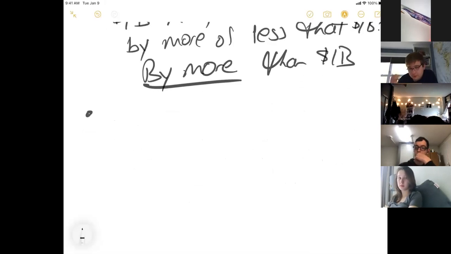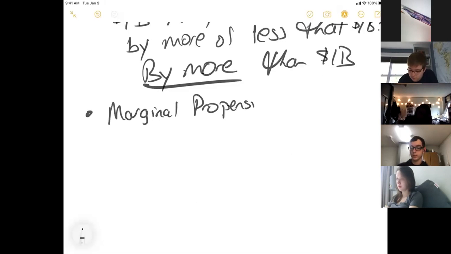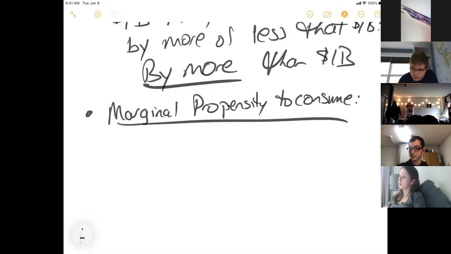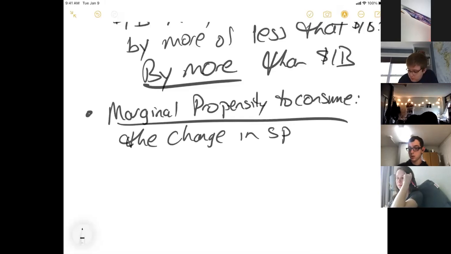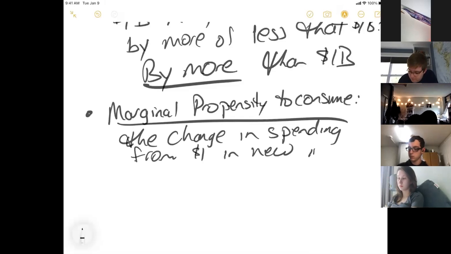So first off, I need to talk about this concept called the marginal propensity to consume. The marginal propensity to consume is the change in spending from $1 in new income.